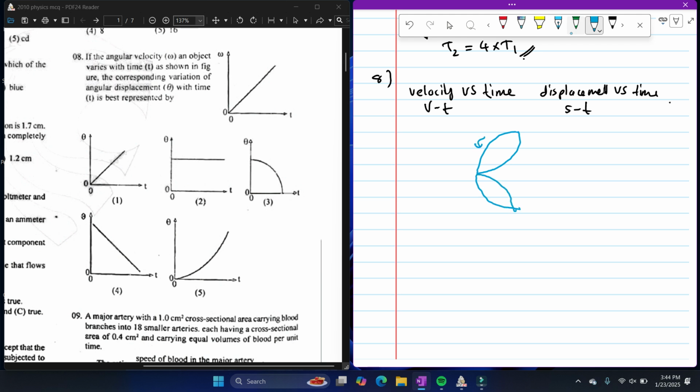Looking at the way this curve is drawn, the gradient should be positive, right? You know very well that this is positive, and on the other side the gradient is negative. So here it is positively decreasing, and this is also positive, and this way also the gradient is positive, so positively increasing.